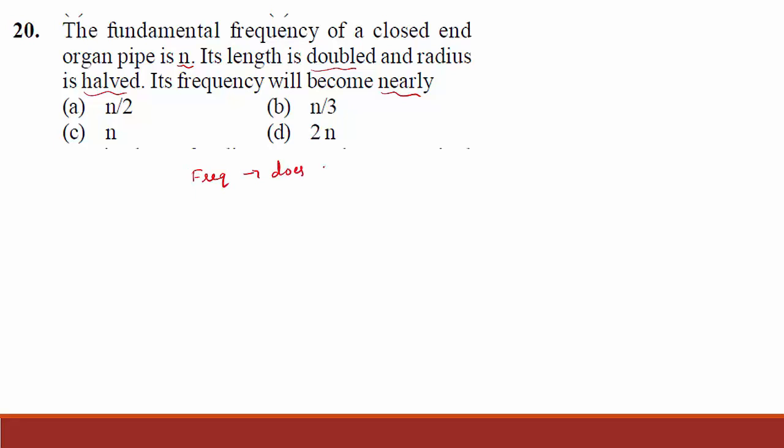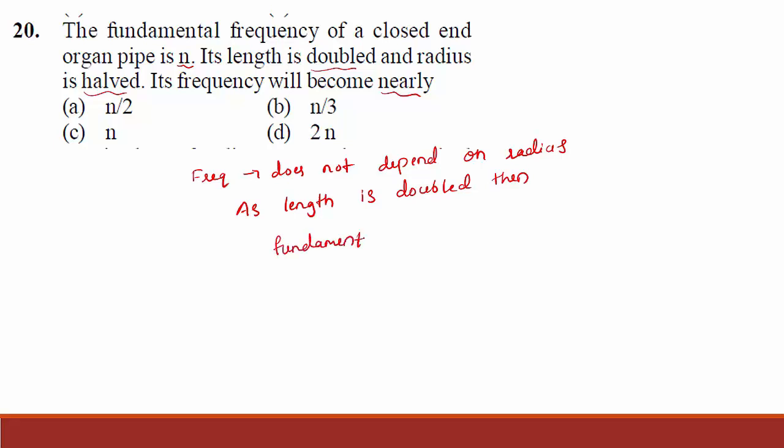As the length is doubled, the fundamental frequency becomes half. It is not depending on the radius. So if the frequency was N, it will be N by 2. So option A is correct.